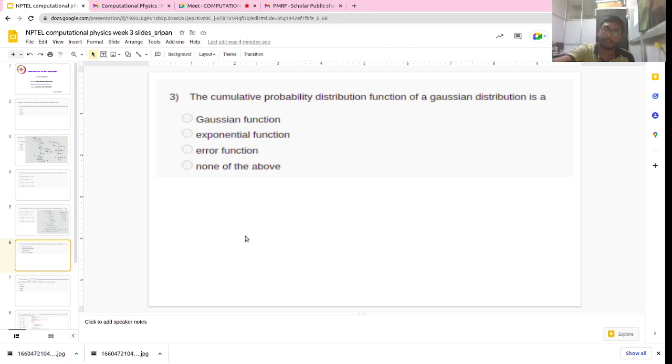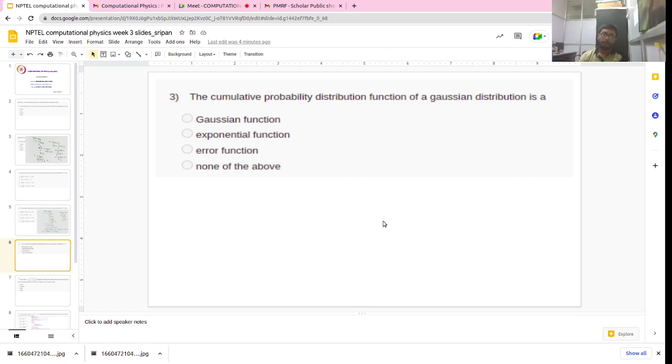How are you so sure? Sir, what I thought is that the Gaussian distribution is a bell-shaped curve, so the probability of the middle value is maximum, right?